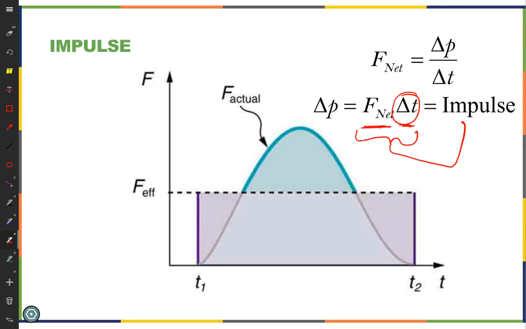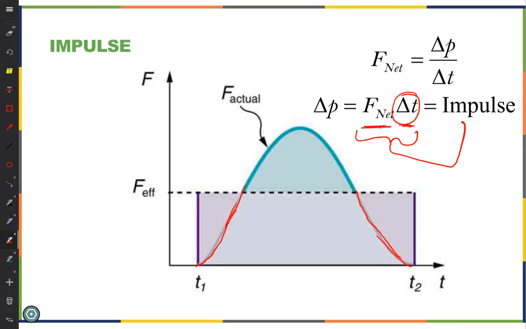So it's a short time. While it's in contact with the ground, it's probably not going to be a constant force because it was zero force until it hits the ground, and then it's going to build up to its maximum and then drop back down as it rebounds. And so the graph here shows a realistic force profile for something like the ball bouncing. And so the impulse is the force multiplied by the change in time.